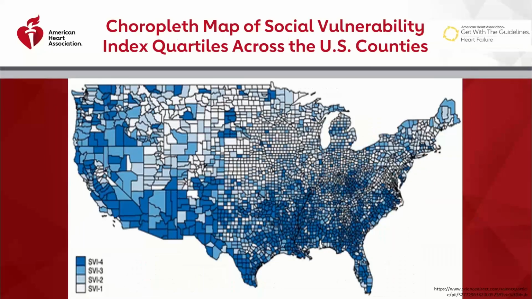And so this is some of the information that really has informed us about the importance of social determinants of health and the fact that much of the cardiovascular outcome is dependent upon the environment in which we live. Next slide.